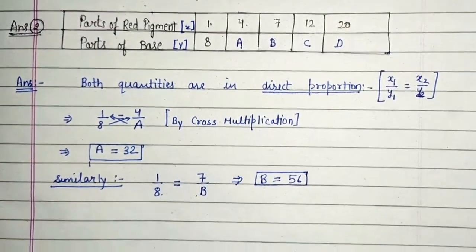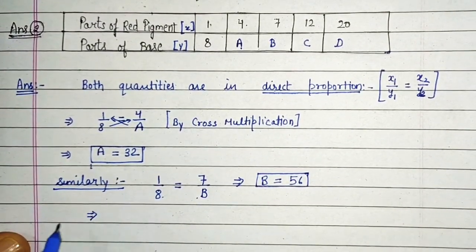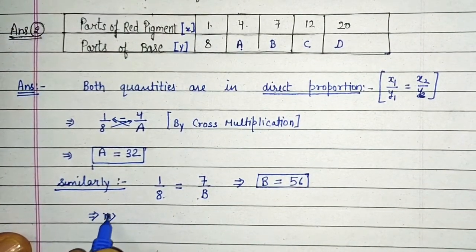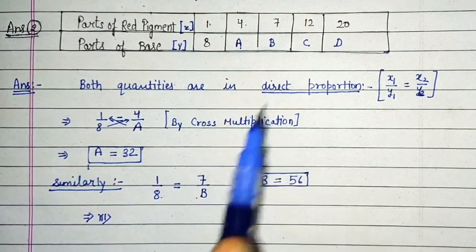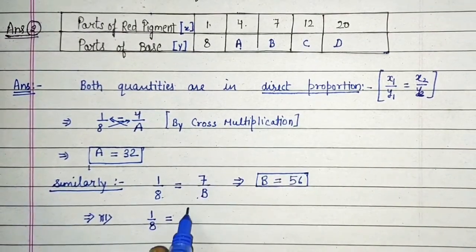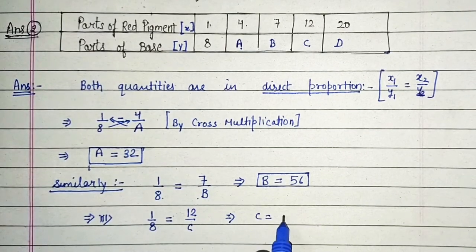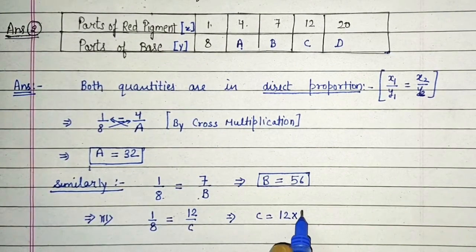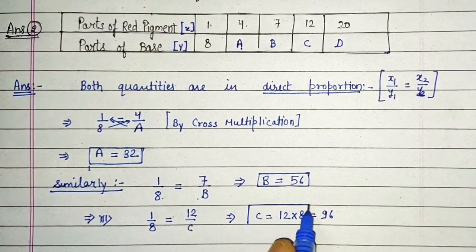Now the third point, you can take any ratio. Any two ratios, I am taking 1/8 for easy calculation. 1/8 is equal to the third one, 12 upon c. Again cross multiply, so c is equal to 12 into 8, which means 96.